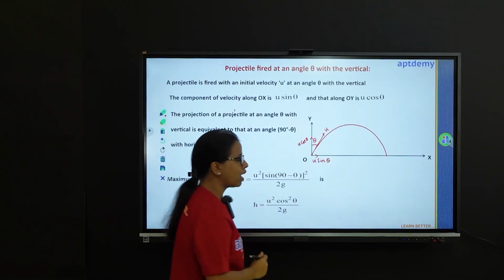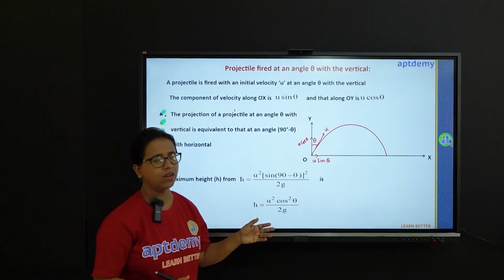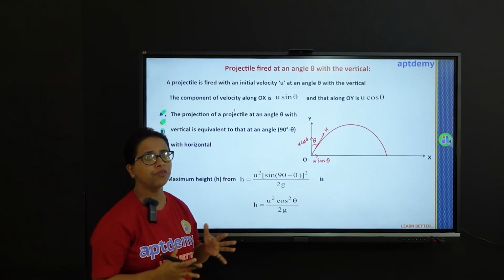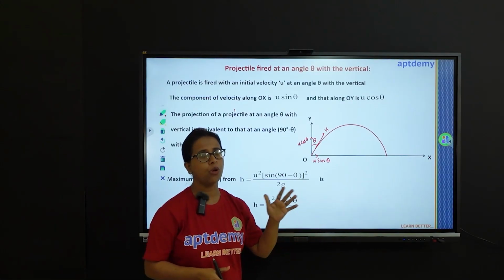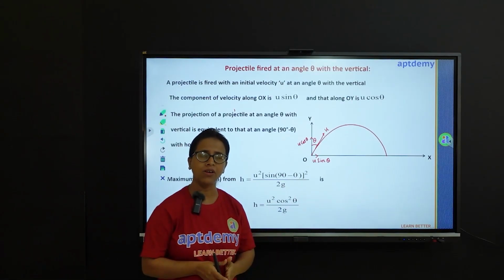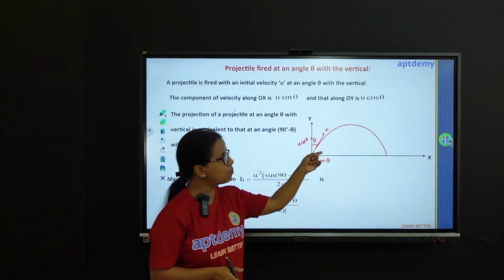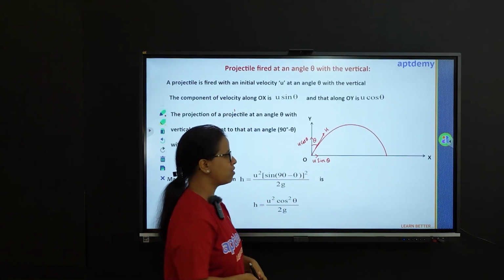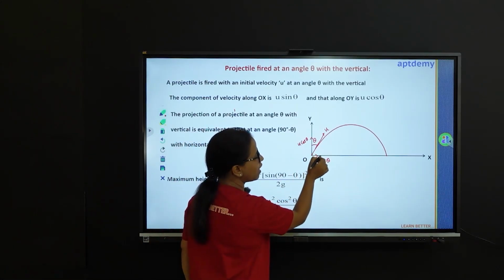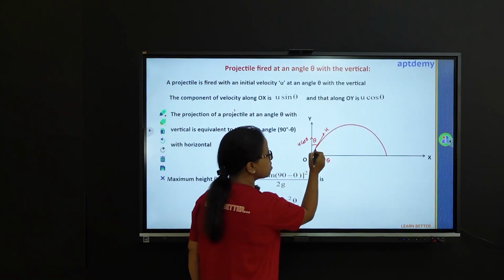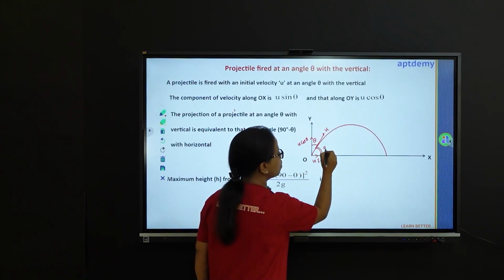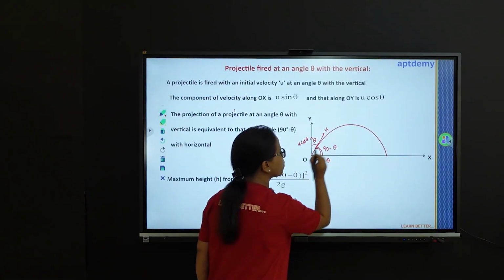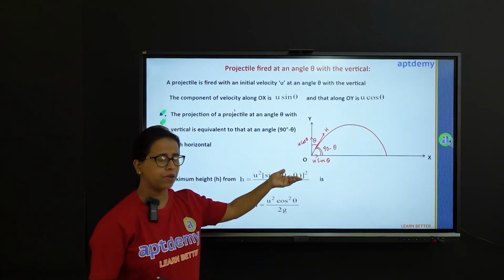So a projectile that has been projected at some angle with the vertical is equivalent to a projectile that has been fired at an angle 90 minus theta with the horizontal. Look at this, this entire angle was 90 degrees. So if this is theta, the remaining angle becomes equal to 90 minus theta. So that's simply the case.